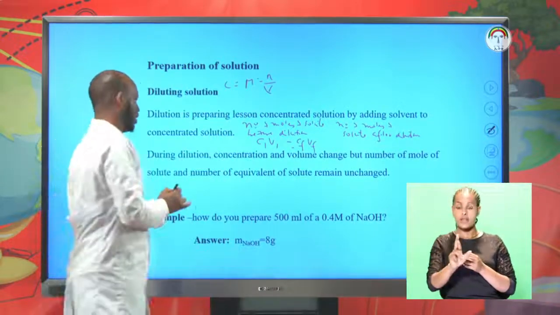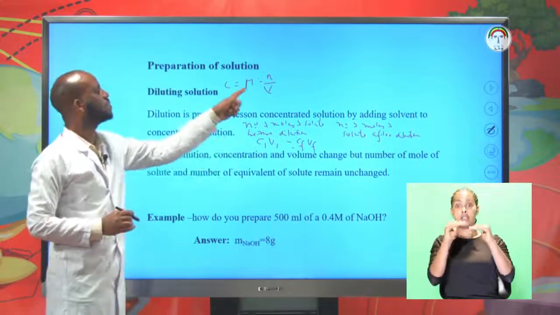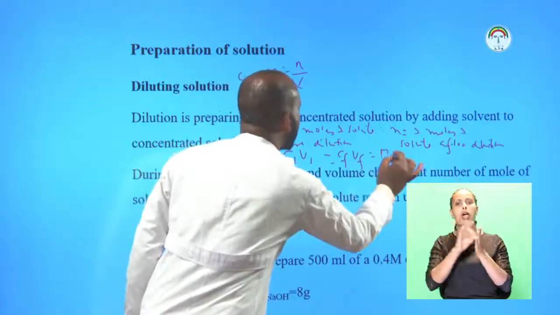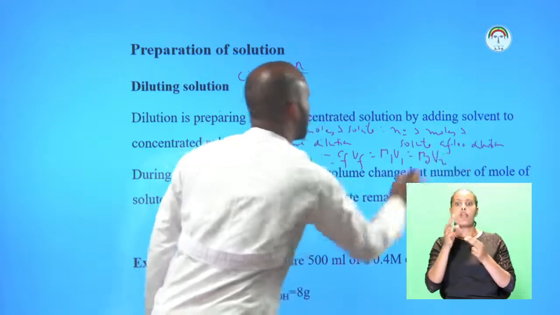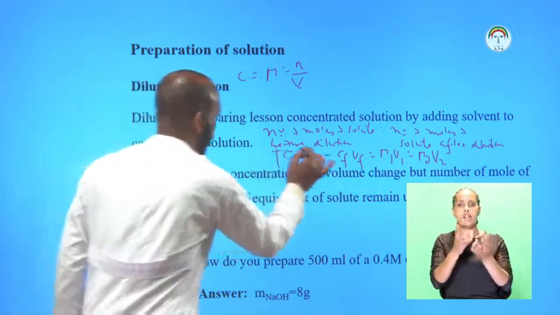Most of the time concentration is given by molarity, so you can write this as M1 times V1 equals M2 times V2, final volume. This is the dilution equation.